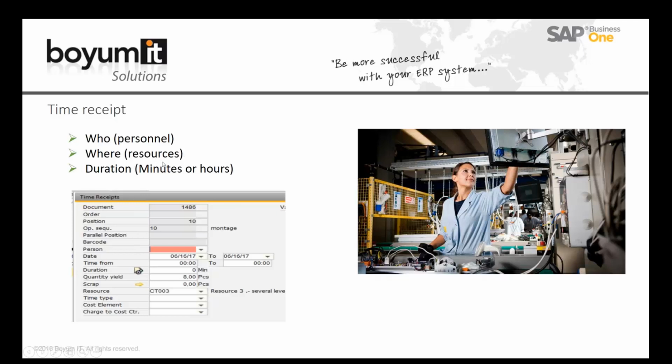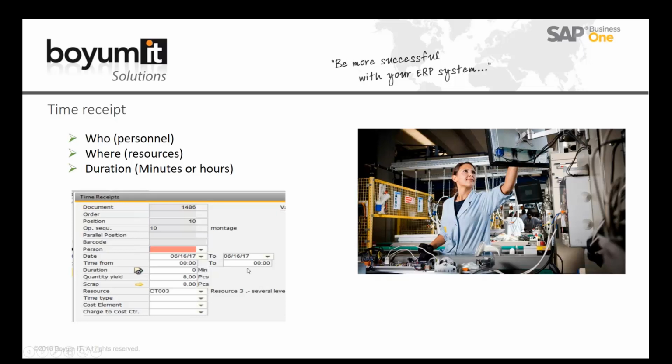Actually, the resource has the information about the cost rate of this operation and the duration of the activity. This duration could be provided in minutes or hours. This is our time receipt.